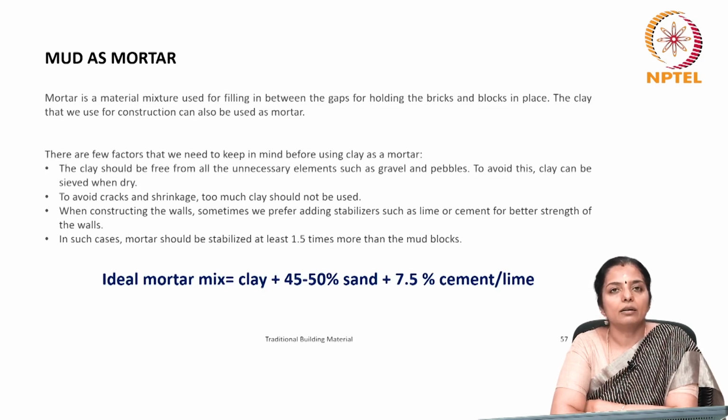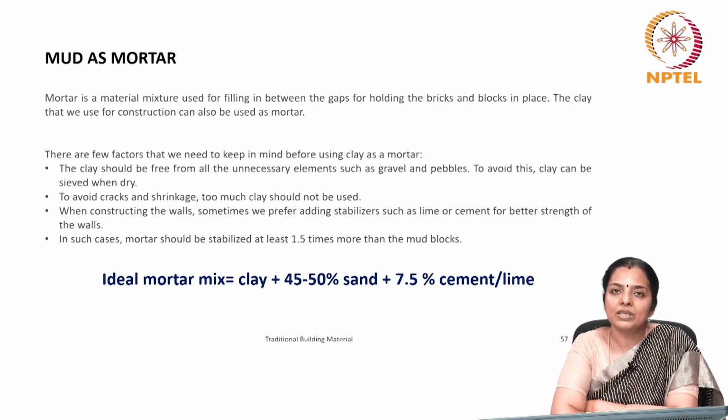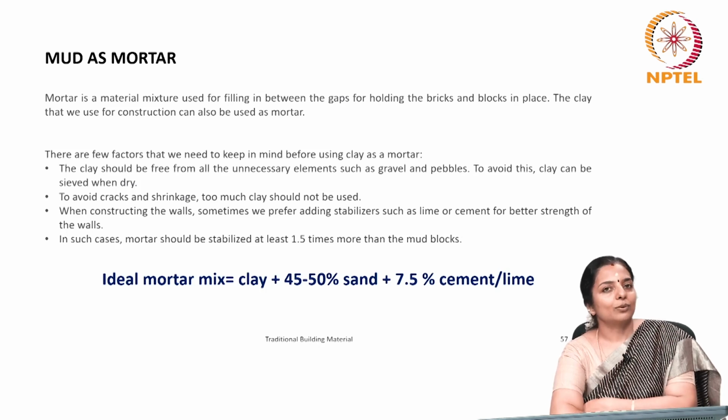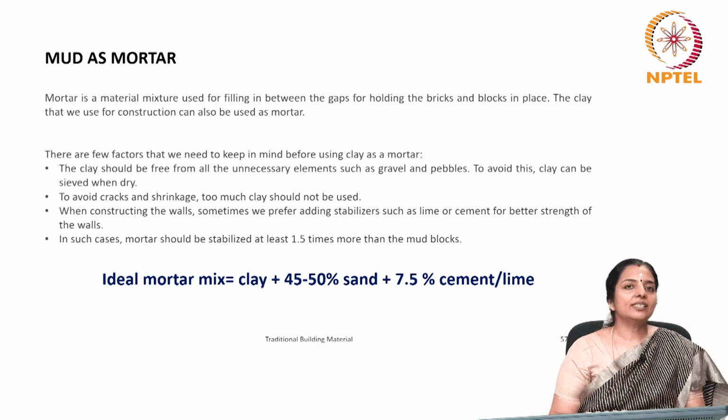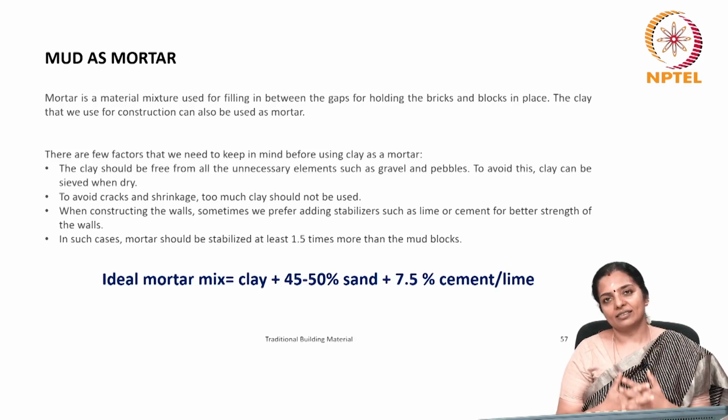Normally, an ideal mortar mix has a combination of clay with 40 to 50% sand and some amount of a binder such as cement or lime comprising between 7 to 10%, and mud can also be used as a mortar.